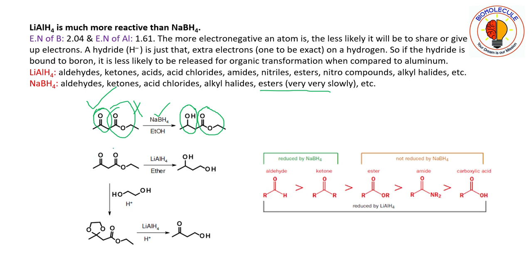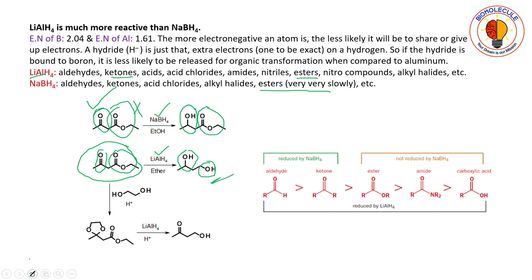Now if we take the same compound and treat it with lithium aluminum hydride, what will happen? Lithium aluminum hydride can reduce ketones as well as esters. So the ketone will get reduced to a secondary alcohol and the ester group will be reduced to a primary alcohol.